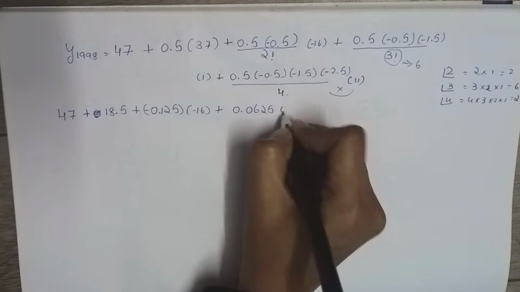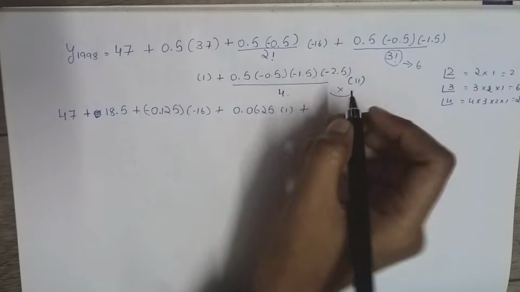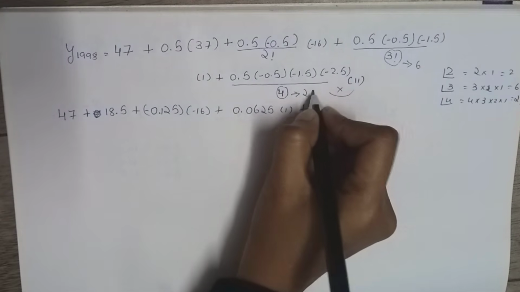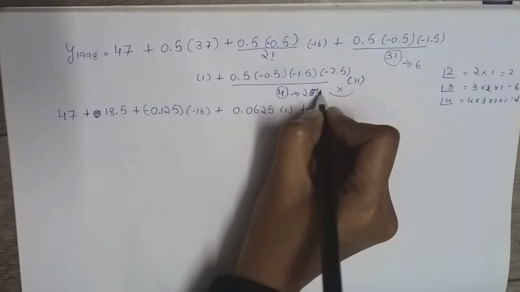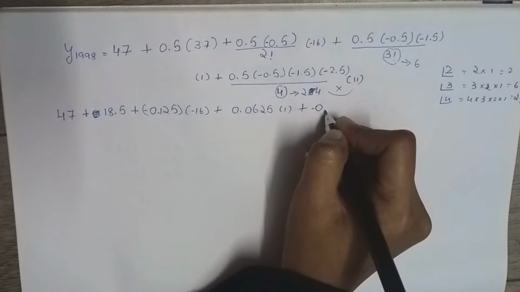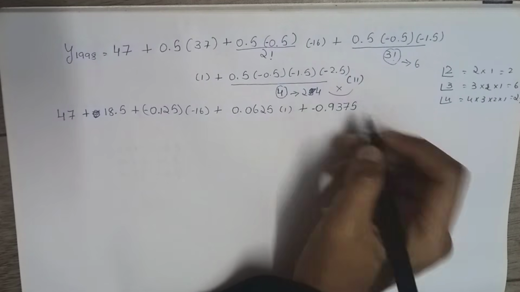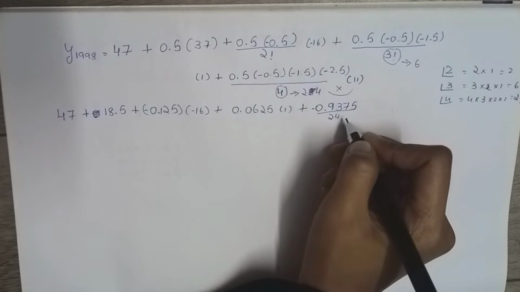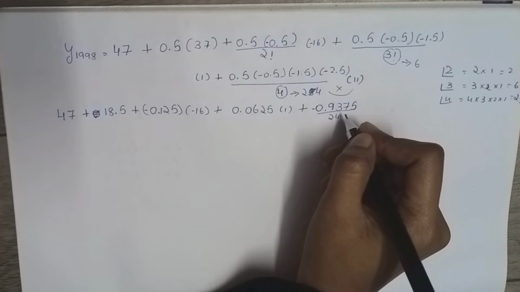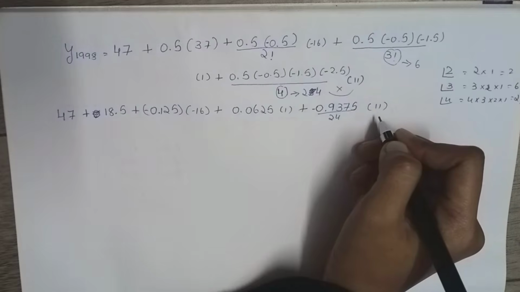Then into 1 plus, if you multiply this, and the factorial of 4 is 24. So if you multiply it, we'll get minus 0.9375 divided by 24, and 11 to be multiplied later.